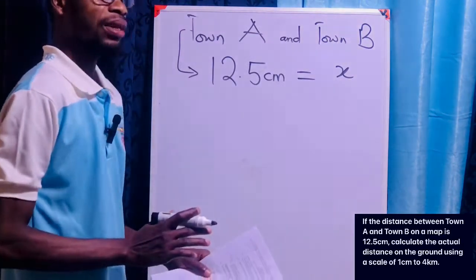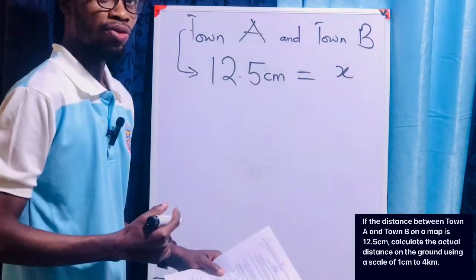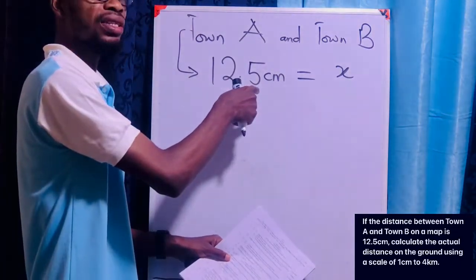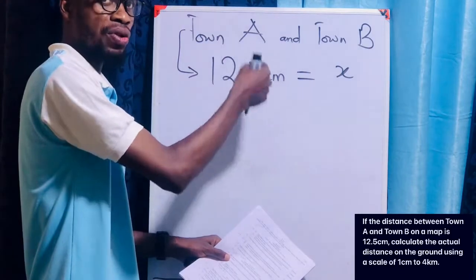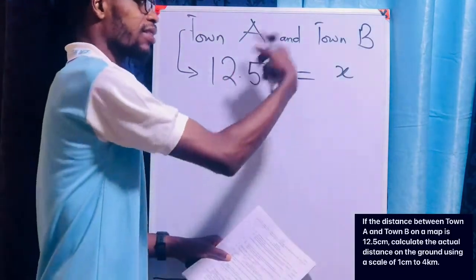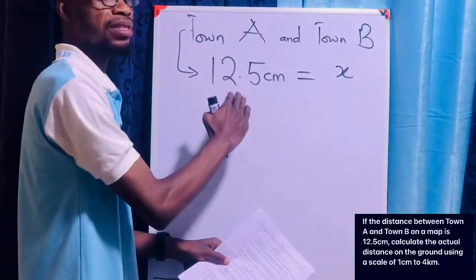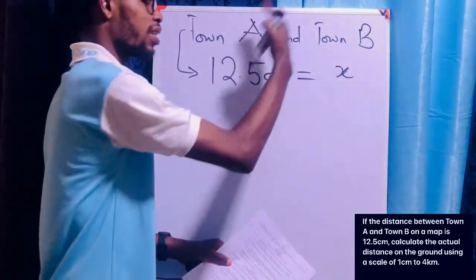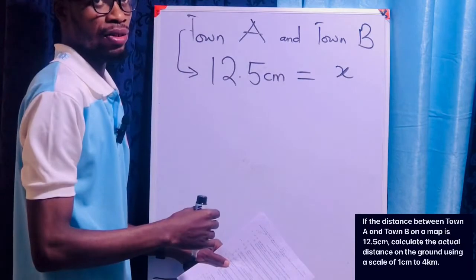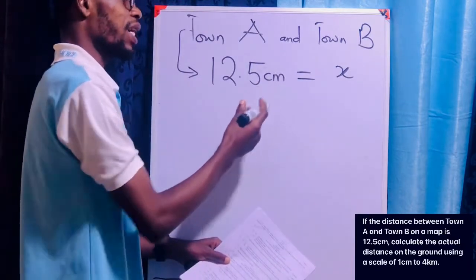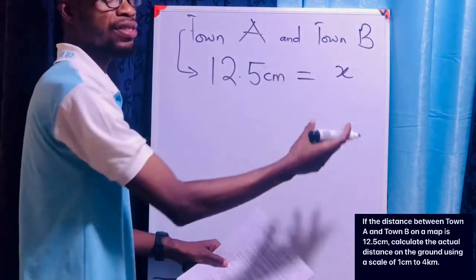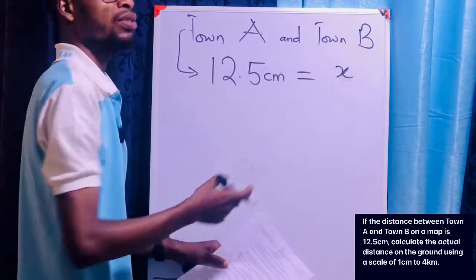Because all the time, a scale is showing what? The relationship between the map distance or the distance on the map and the distance on the ground. And you always find the map distance on this side and then the ground distance on this side. So if we are looking for the ground distance and it is not known, I am replacing it with what?